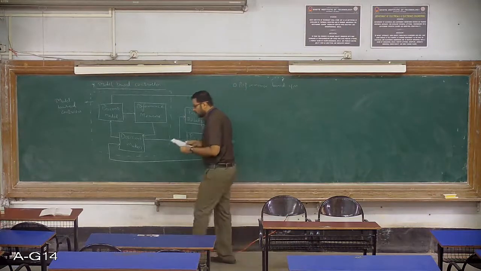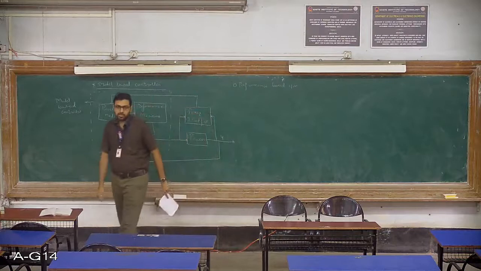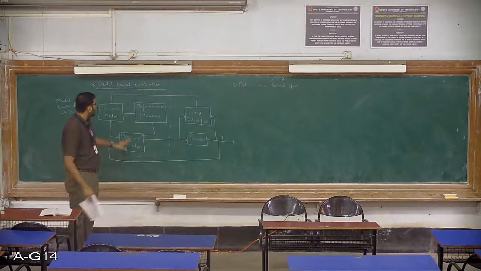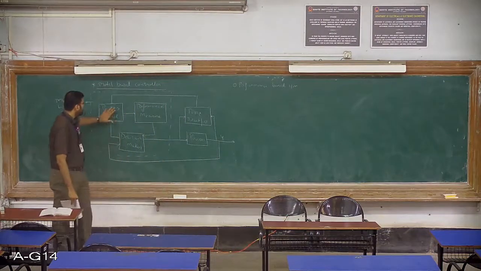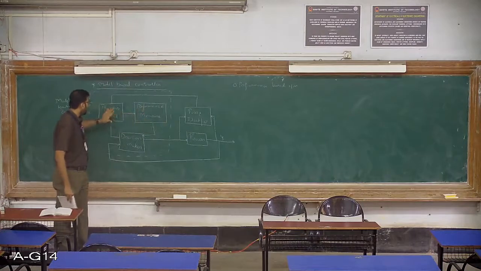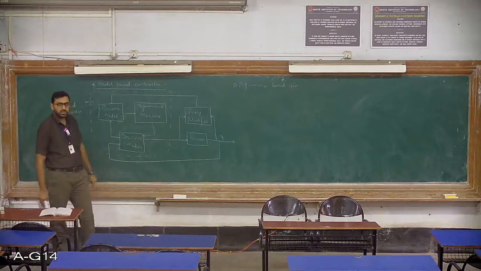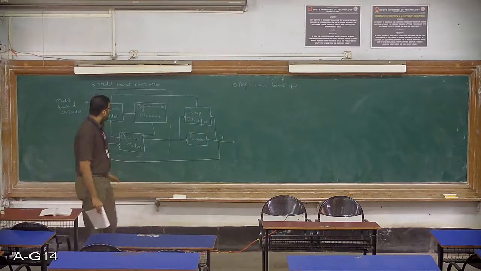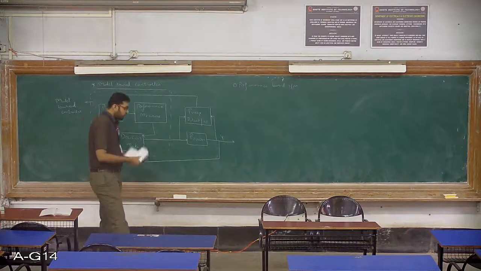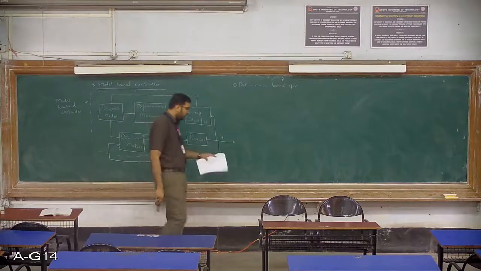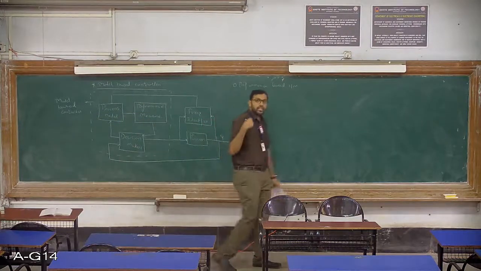This controller consists of three parts, and the main focus of the model-based controller is these three parts. First is the process model, second is the performance measure, and third is the decision maker. Now, what are the roles of these? What is a process model? The process model consists of if-then rules.